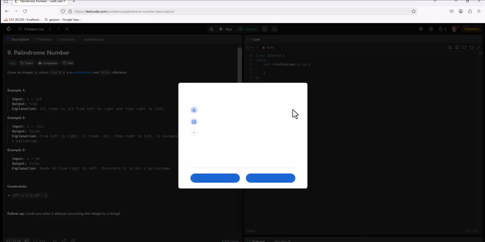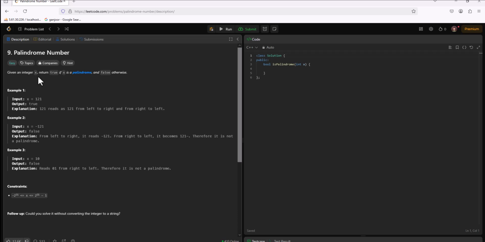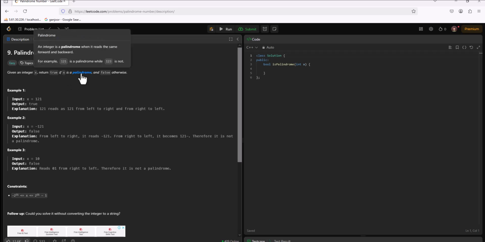Given an integer x, return true if x is a palindrome and false otherwise. As you might know, palindrome numbers are those numbers which we can reverse, and if we reverse them, they will be the same.